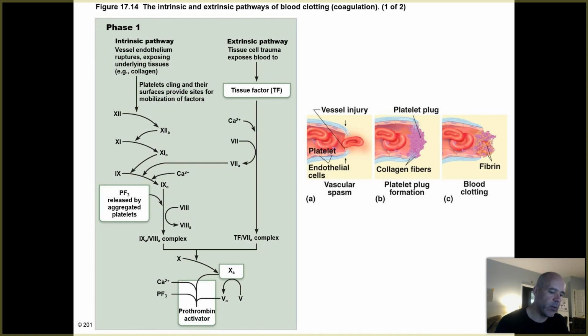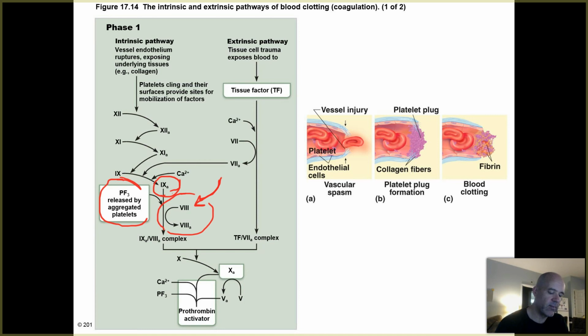All right, so continuing on this side, once you have activated factor 9, your platelets that form that platelet plug release a chemical called platelet factor 3. That plus your activated factor 9 takes factor 8, another procoagulant in the blood, and converts it to activated factor 8.